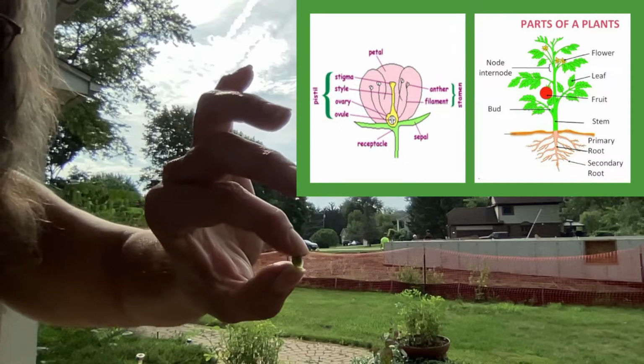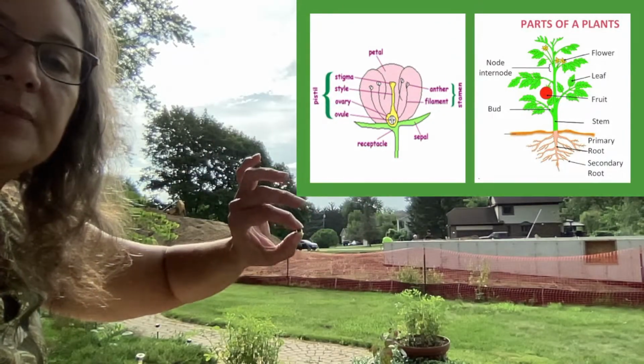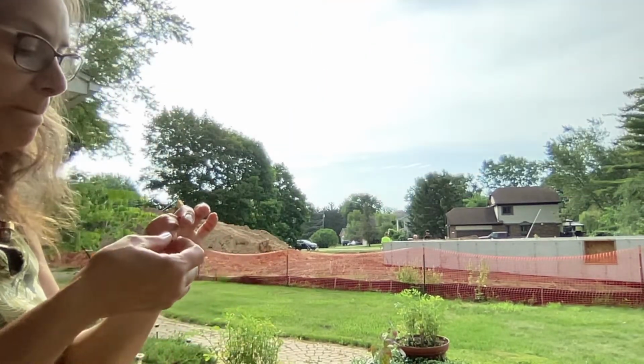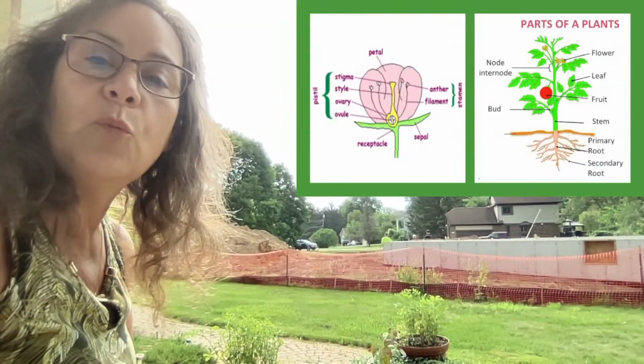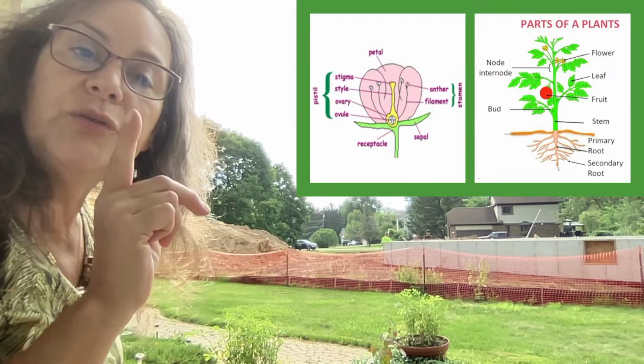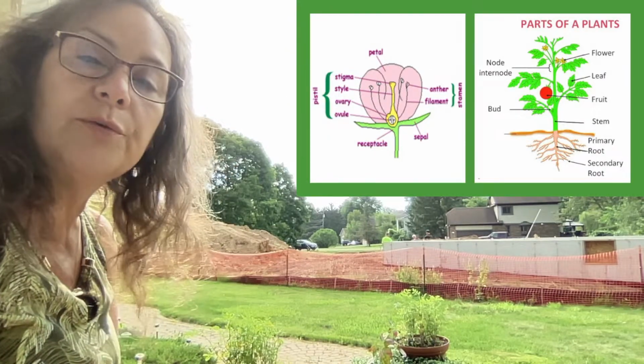And can you see that? If I hold it up to the light there, and I'm going to try and keep that. What you're looking at there is the ovary and the ovule. So you could see the seed that's being protected by the ovary here.